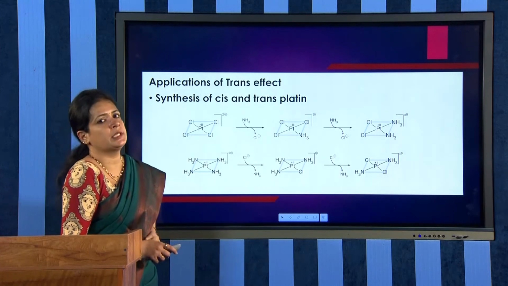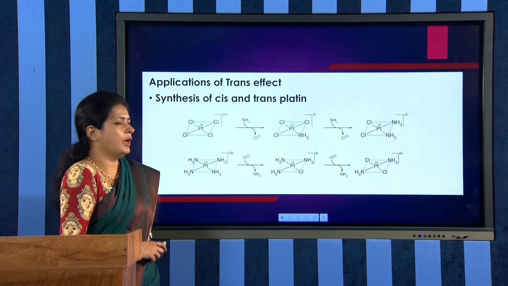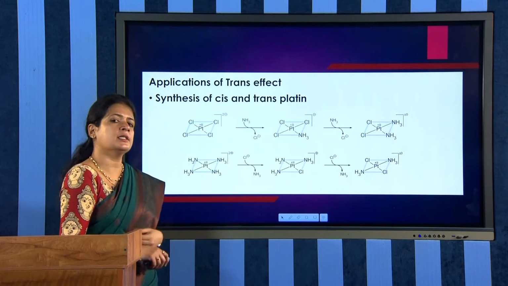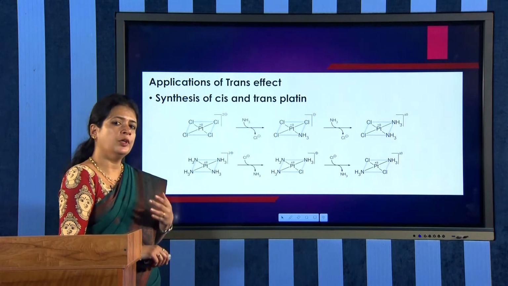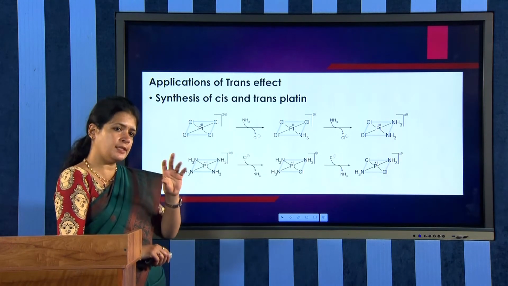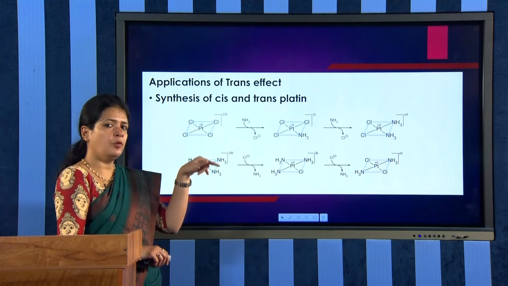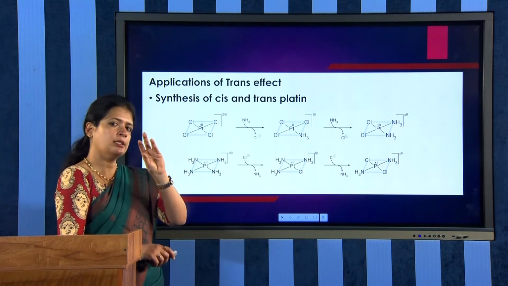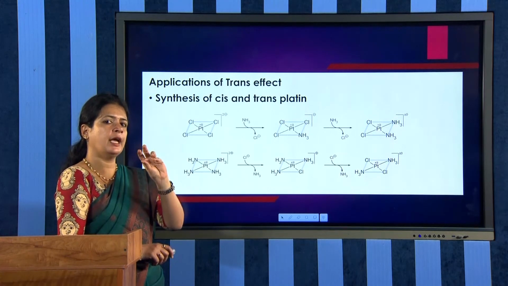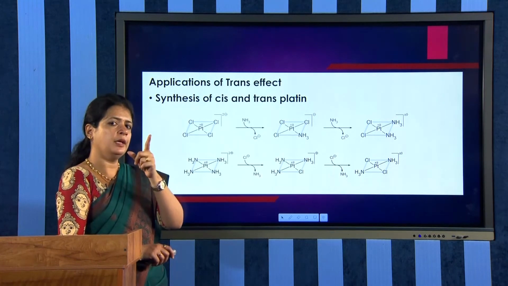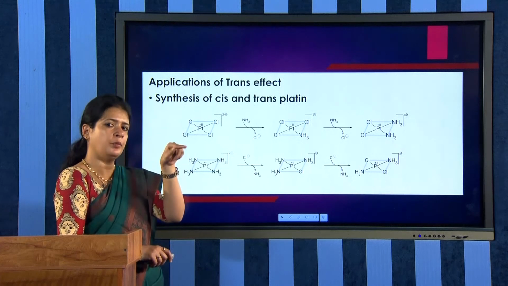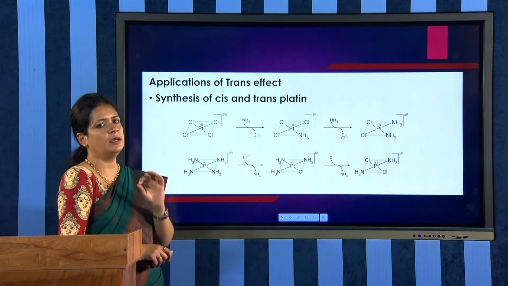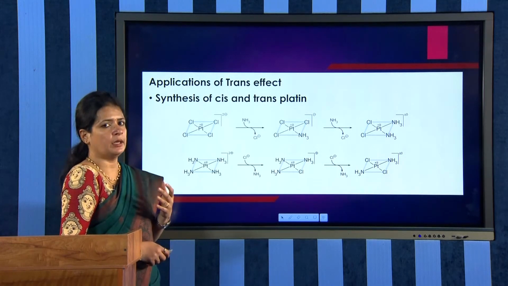The synthesis of cis and trans platin. We have to consider the trans directing ability of the existing ligands in the complex before we consider the attack of the ligand. So, the trans directing ability of the ligand will be controlling the position of the incoming ligand. That is the main thing that is to be kept in mind.